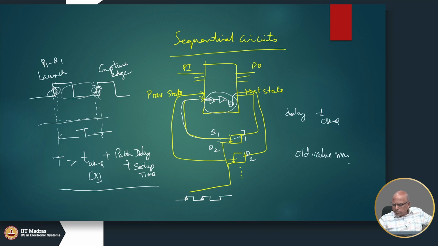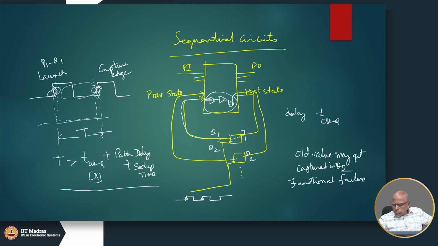may get captured in Q2. So that results in a functional failure. Okay, the circuit will go into a wrong state.